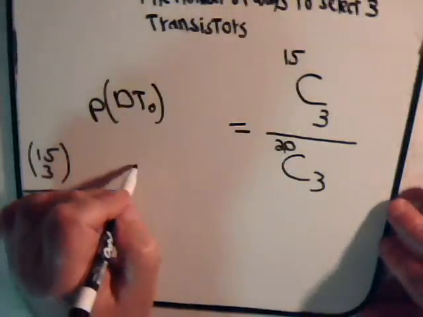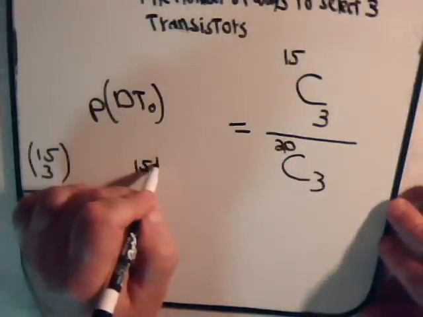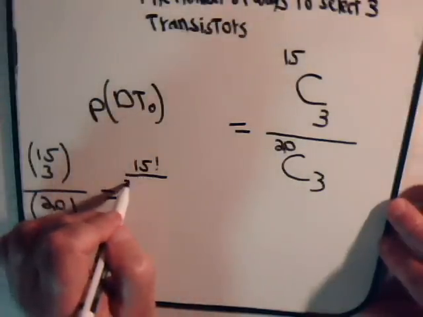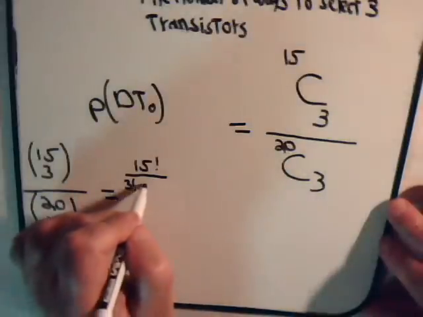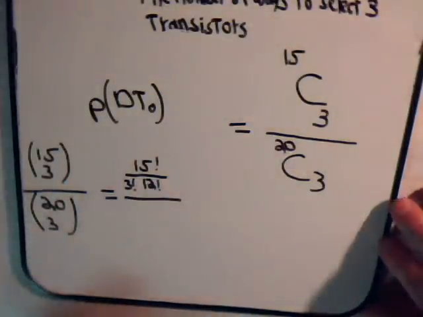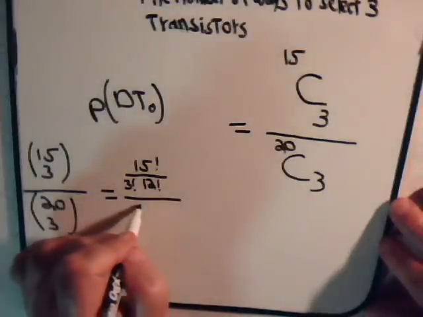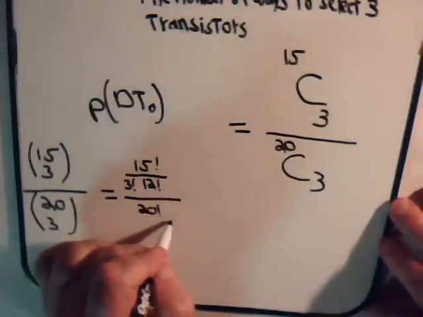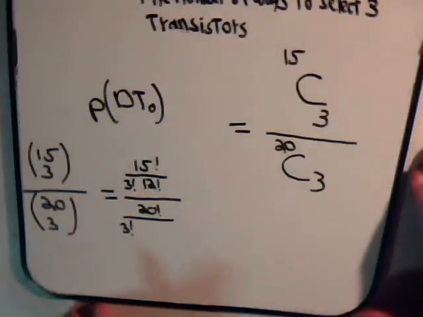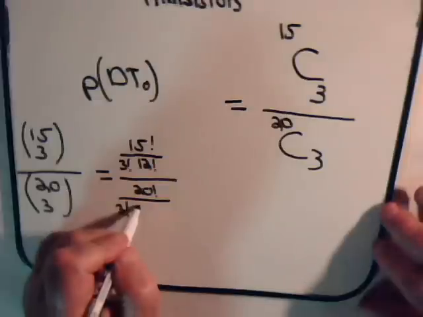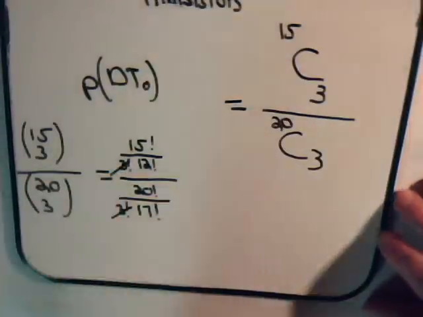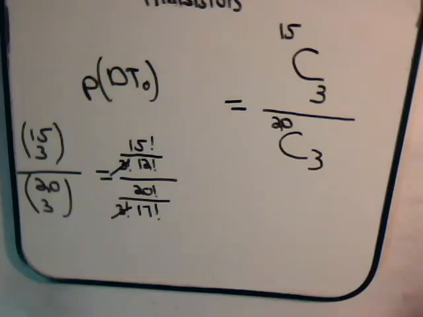Okay, and this is 15 factorial divided by 3 factorial times 12 factorial. And this will be divided by, here we have 20 factorial over 3 factorial times 17 factorial. These cancel out, and let's make some room.